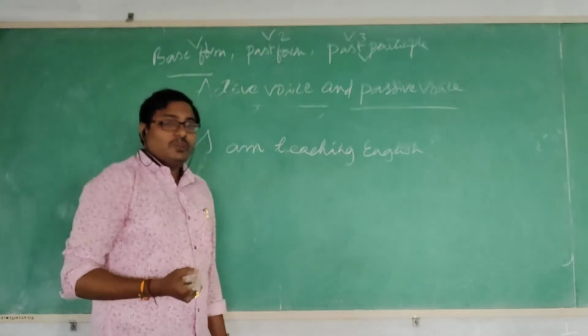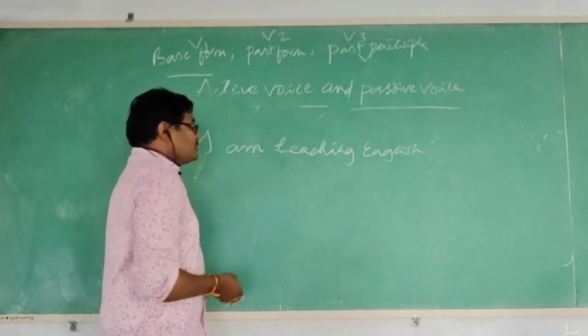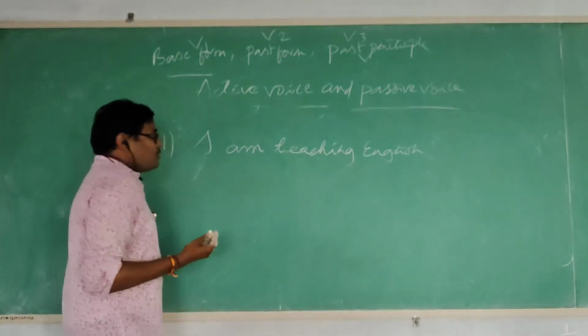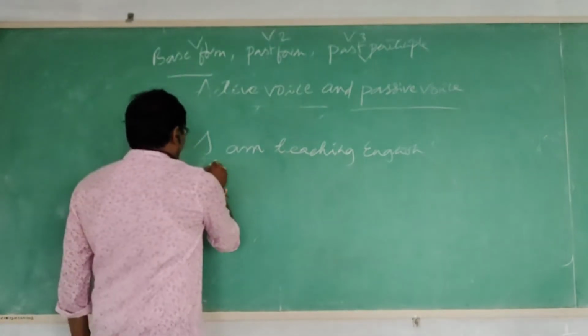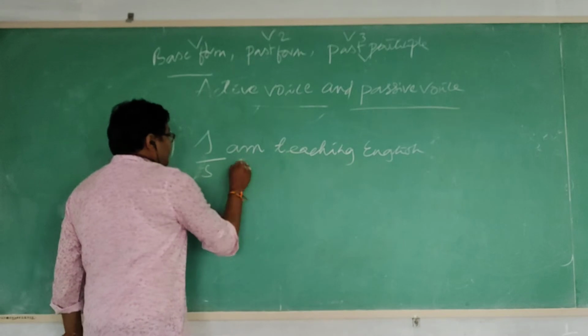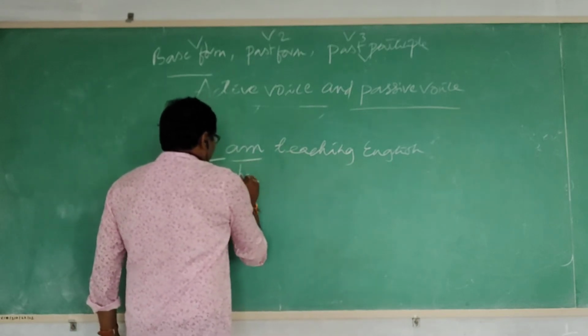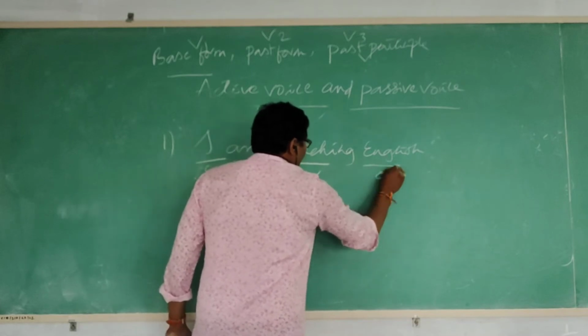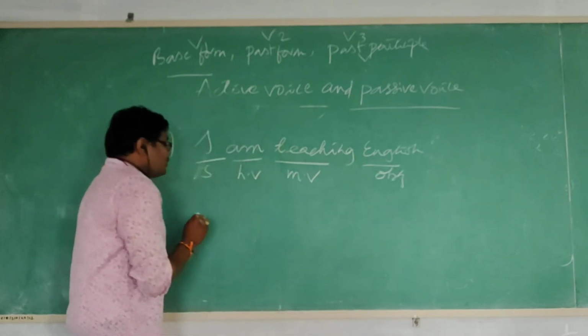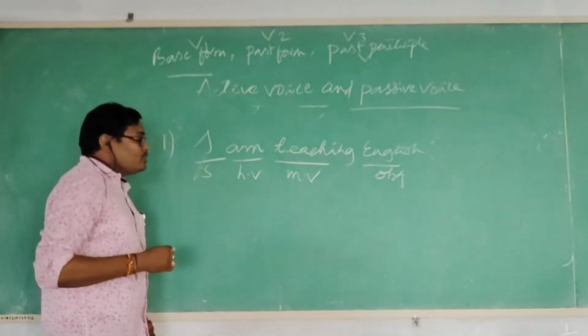Here, we can see some difference in this sentence. According to the 6 rules, the first rule is that we have to identify subject, and this is helping verb, this is main verb, and this is object. Now, what is the second rule?